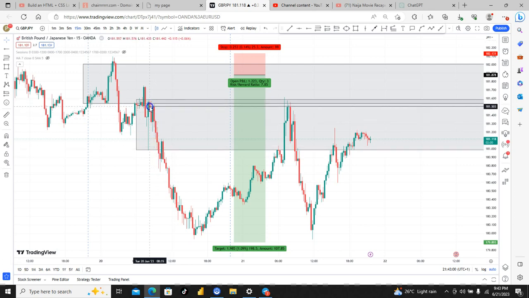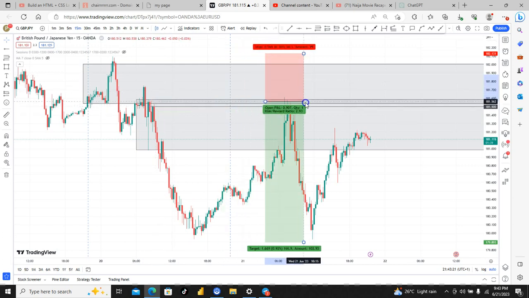So I take my trade since my box is giving me a sell signal already, telling me something is going to happen from the zone. The close of my other block is at a level close to the box. So I just take it to be on the safer side.